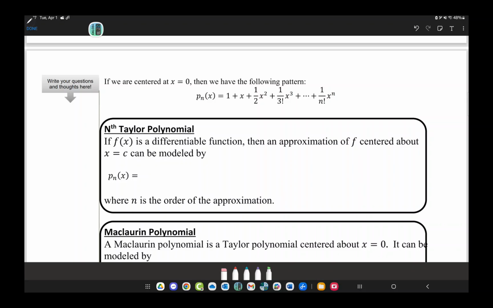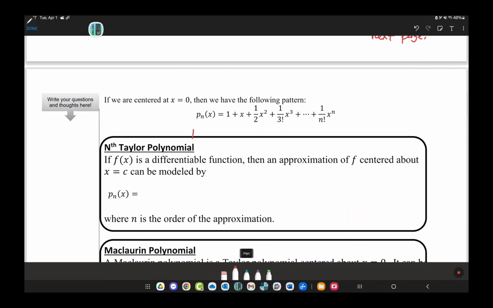You could write this as p sub n of x equal to 1 over 0 factorial times 1 plus 1 over 1 factorial times x plus 1 over 2 factorial times x squared, and so on. You can write the 1 as x to the 0 if you really wanted to make that even more efficient.